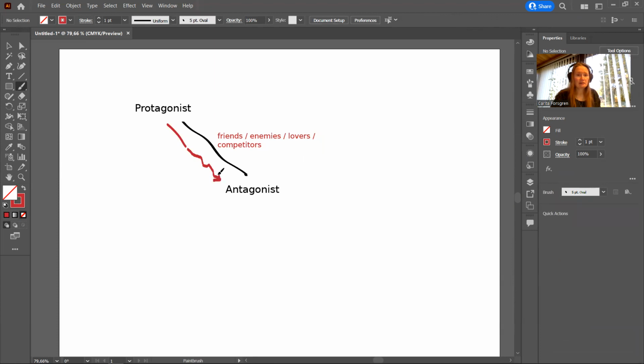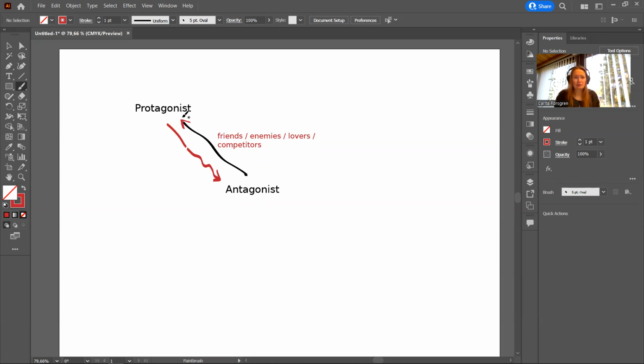So the protagonist might be in love with the antagonist, but the antagonist might hate the protagonist. And these relationships are in a state of change at all times.